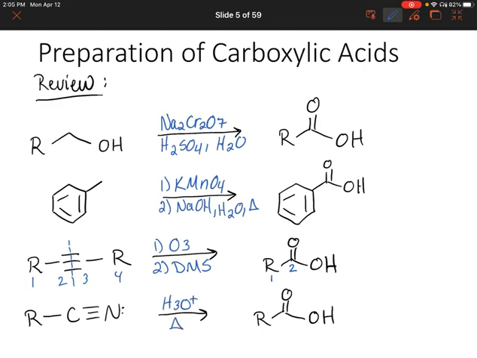Pretty easy. Okay, so that last reaction would actually be a hydrolysis reaction. And the other 3 reactions, we have oxidation and ozonolysis.